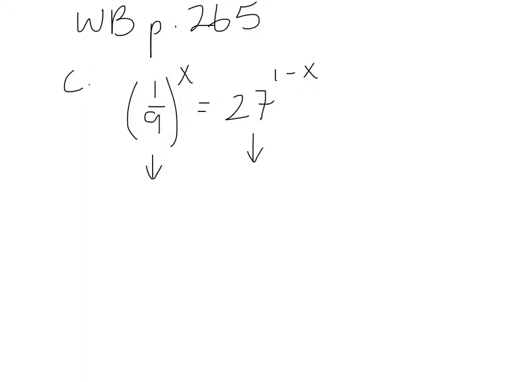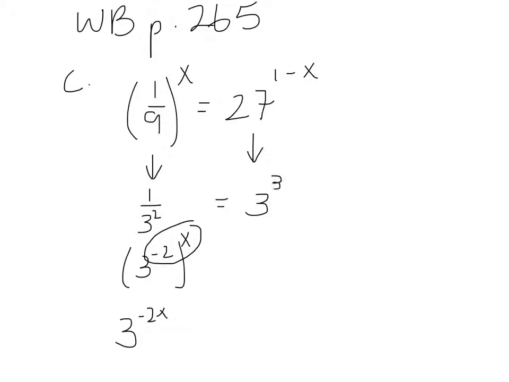So 1 over 9 can be written as 1 over 3 squared, which is really 3 to the negative 2. This is being raised to the x, making it 3 to the negative 2x, since we can just multiply those exponents. On the other side, 27 is 3 cubed to the 1 minus x.